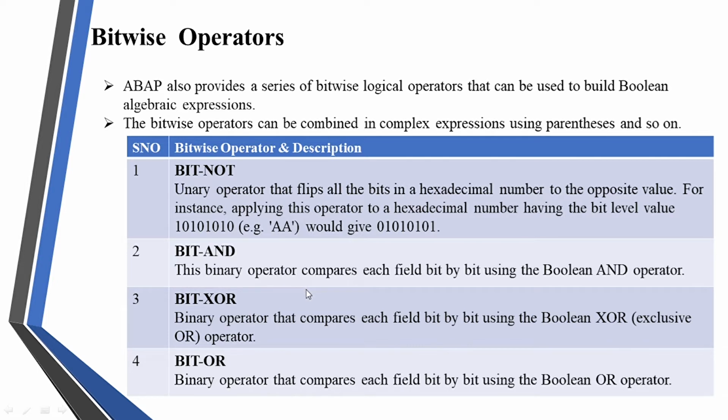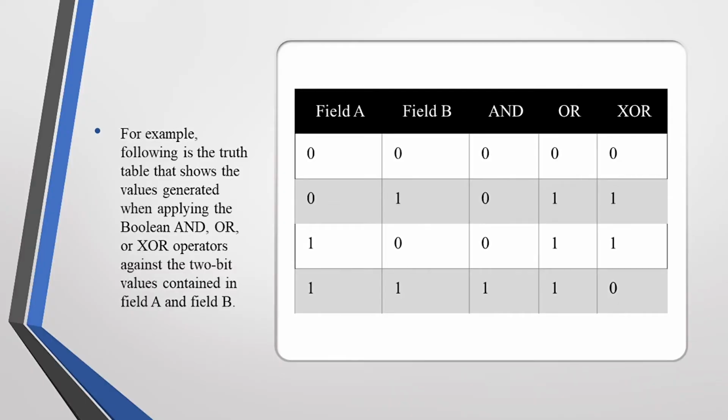BIT-AND: for example, if A and B are true, then the result will be true. I think you have seen these binary or bitwise operators in your academics. I will explain with the chart. See here: field A, field B, AND operator, OR operator, XOR operator. These are the result values.